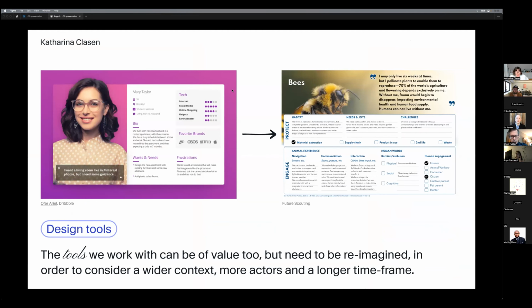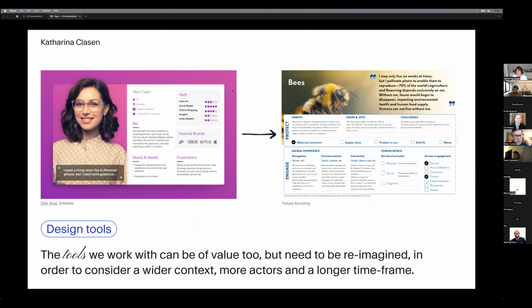And regarding the design tools, we designers have a lot of really amazing tools. I already touched on tools before that help us empathize with users, that help us understand complex problems and also contexts. And those tools can be of value for life-centered design.